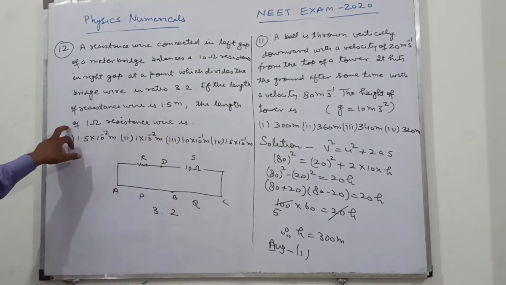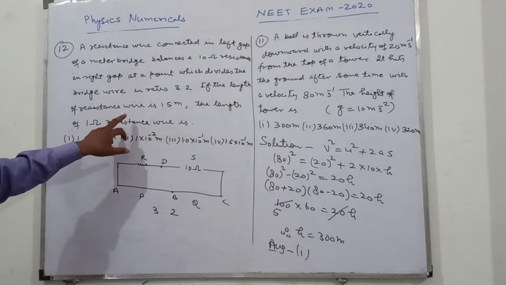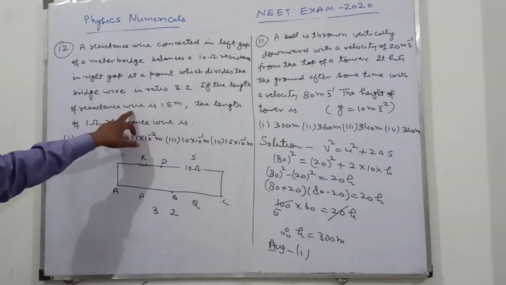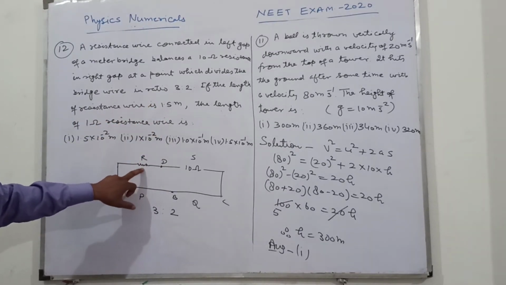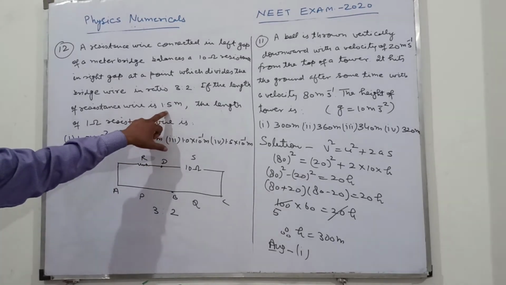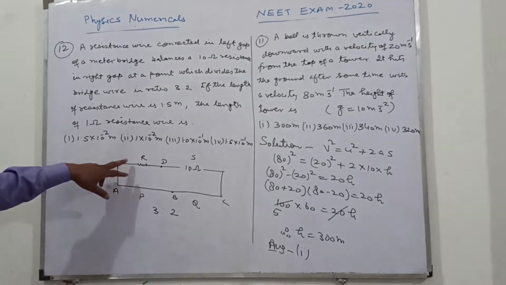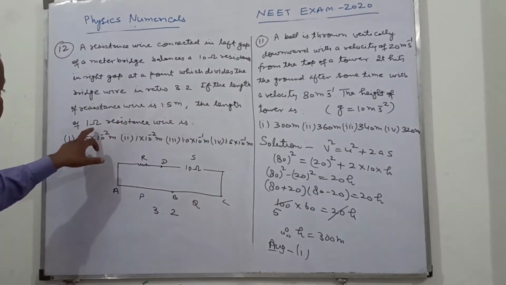The length of 1 ohm resistance wire. If the length of the resistance wire is 1.5, this resistance wire's length is given to you as 1.5 meter. So initially we do not have the resistance, and the one resistance is given here, this is now 1 ohm.